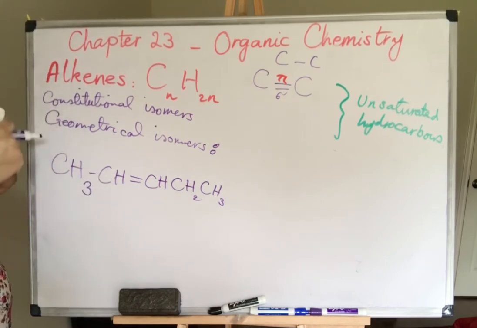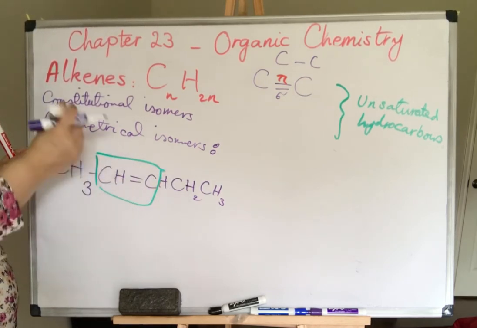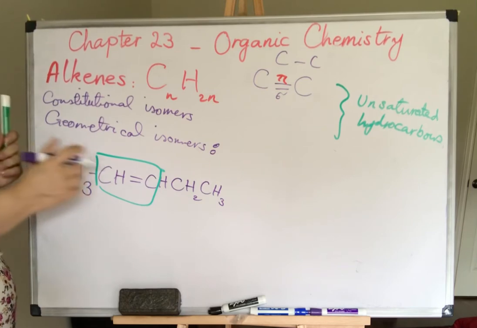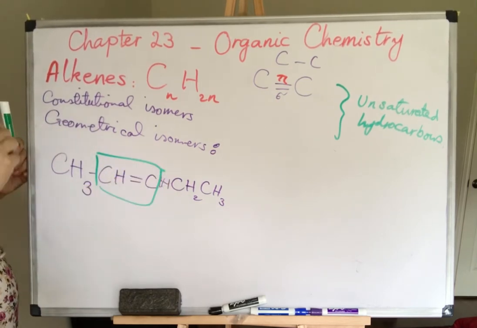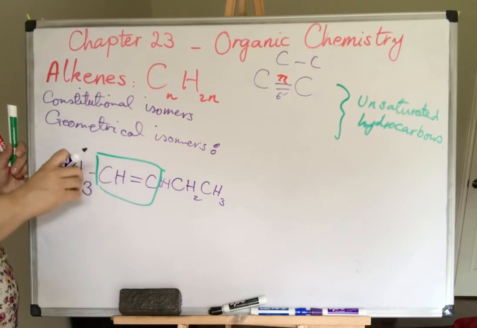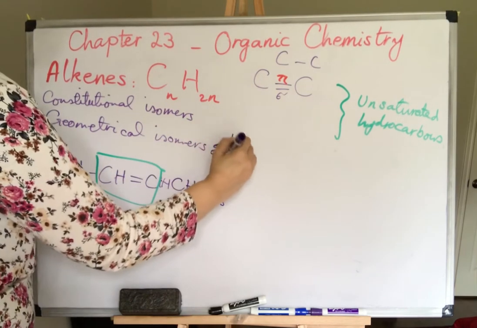So sometimes you need to find out the geometrical structure. In alkenes, the sensitive part is on these carbons, on this double bond. So how do I determine the geometrical isomers? How do I have the different orientations?